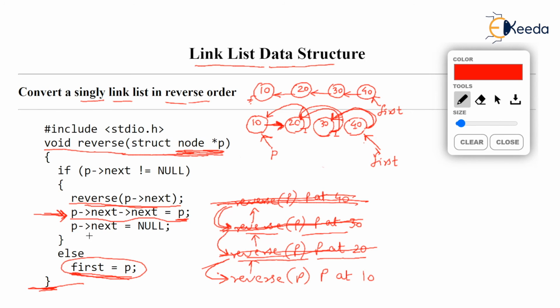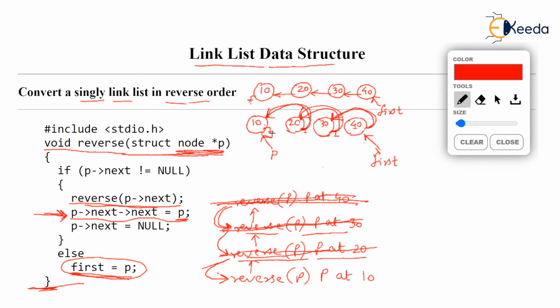And then the last line in the if is P arrow next equal to null. Check that P arrow next means 10's next, isn't it? And now 10's next is going to become null. I hope you have got this. 10's next has become null. So we have broken the association from 10 to 20, but we have an association from 20 to 10.